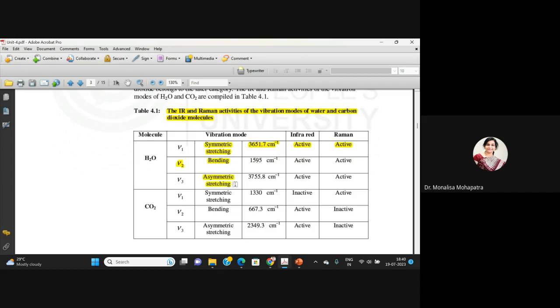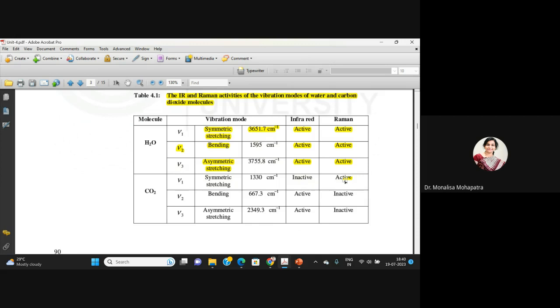Here the symmetric stretching vibrational mode is IR active as well as Raman active. The bending mode is also active for both, Raman active as well as IR active. It is not always the case that molecules which are IR active cannot be Raman active. No, it's not that. It can be both.